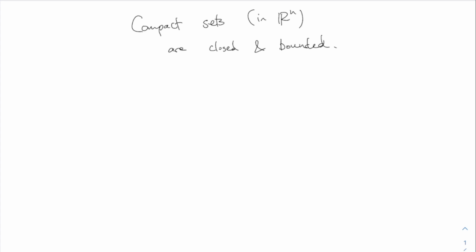You saw a proof of this in real analysis class, but that was only in R1. I would like to discuss this in Rn other than n equals 1. But before we get to this, I want to say a few more basic properties of compact sets.